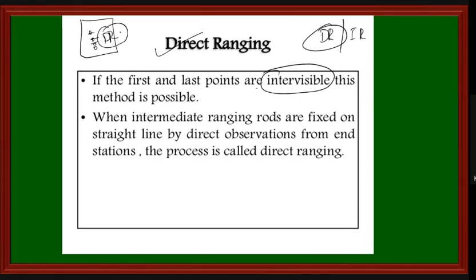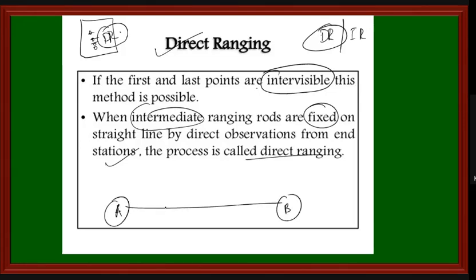When the intermediate ranging rods are fixed on the straight line by direct observation from the end of the station, this process is called direct ranging. Station C is fixed on a straight line by direct observation: you stand at station A, guide the person to come forward and place the rod on this line, since A and B are intervisible.